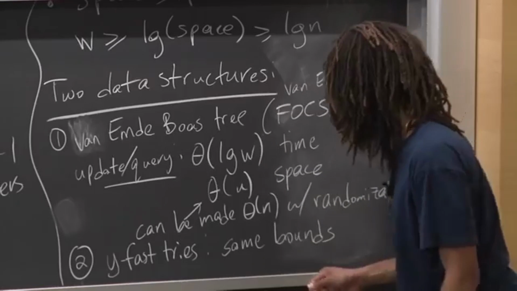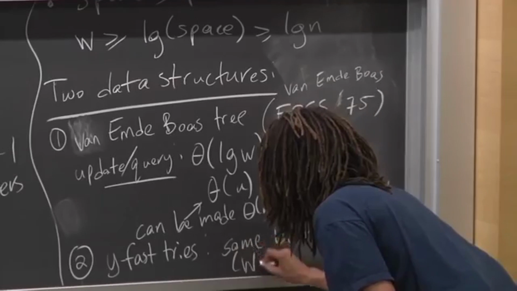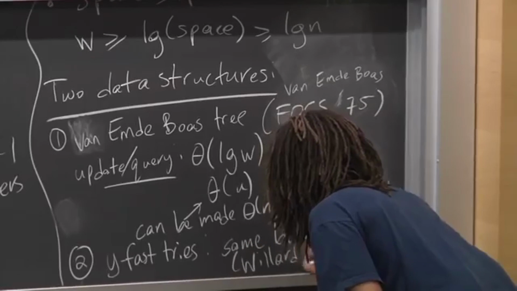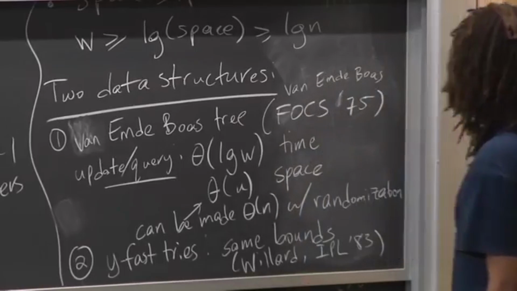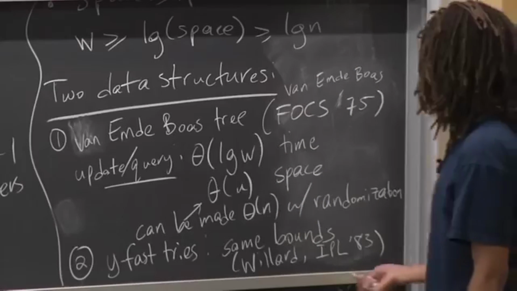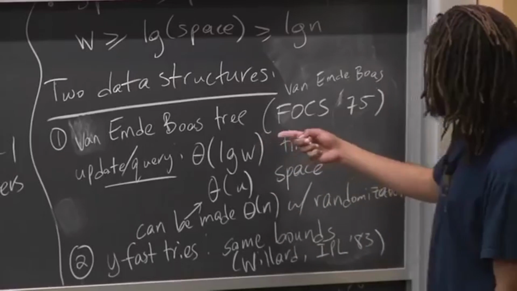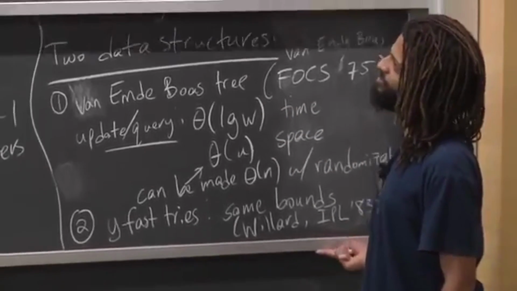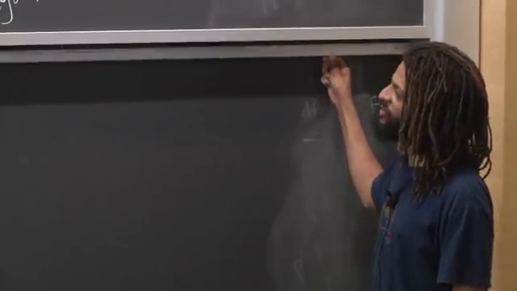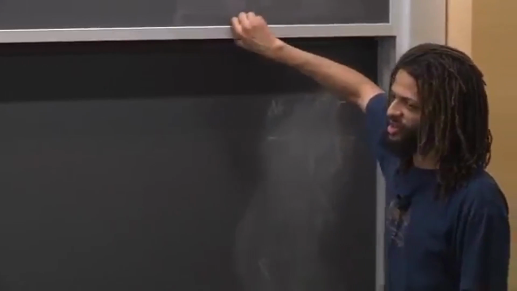And this is due to Willard in IPL 83. So originally, van Emde Boas in his paper didn't get linear space. But the move from u space to linear space is going to turn out to be pretty simple.